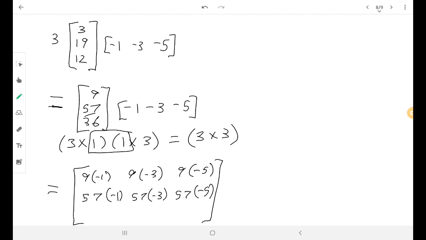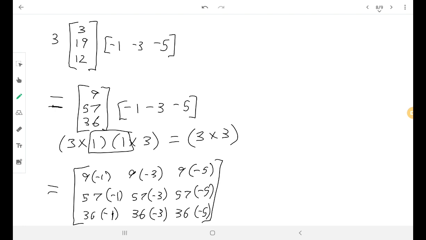And finally, for third row, first column, we'll do 36 times -1. And third row, second column, we'll do 36 times -3. And for third row, third column, we'll do 36 times -5. And I'll leave it to you to do the math on those. The math isn't that hard on those.